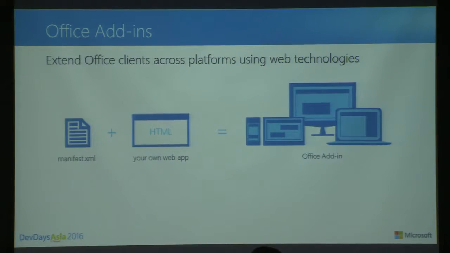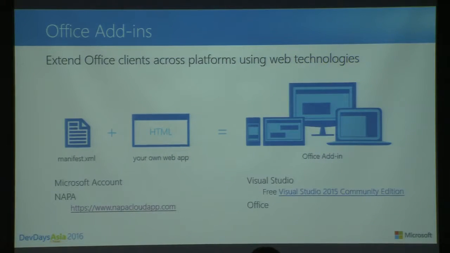There are multiple ways to develop Office add-ins. Here, Napa is the first tool I'd like to introduce. Napa is very lightweight. As long as you have a Microsoft account and you know the URL of the Napa website, you can build an add-in.